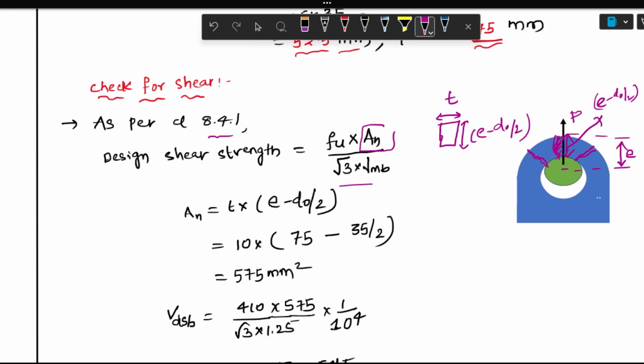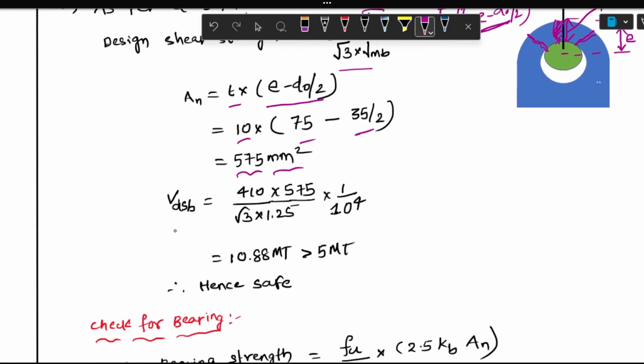The thickness is into the plane, and E minus d naught by 2 is this distance, and that is the net area which is going to resist the shear. If you multiply T into E minus d naught by 2, you will get the area resisting the shear. That is thickness into edge distance minus diameter of the hole by 2. You all know the thickness is 10 mm, which I considered. It is 10 into 75 minus 35 by 2. You will get 575 mm square as the net area.